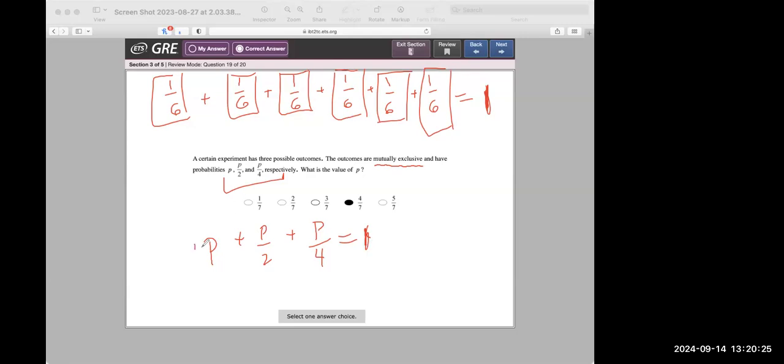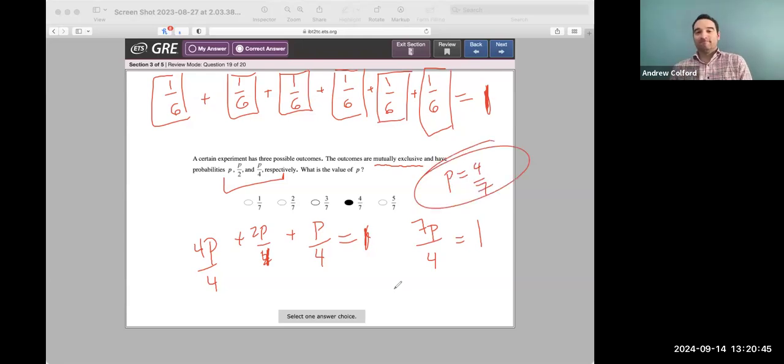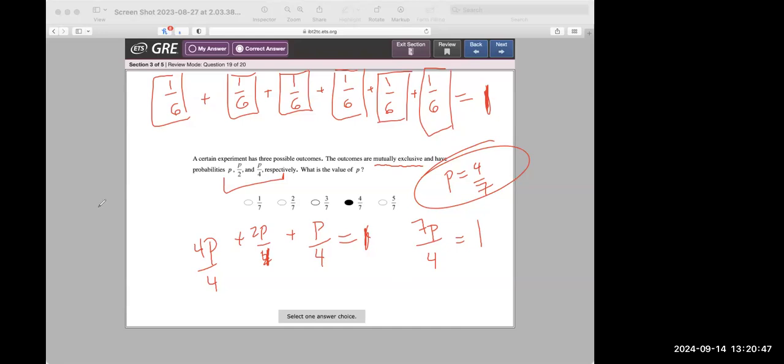So that's 4P over 4, plus 2P over 4. If I put this all in the common denominator and add these together, I get 7P over 4 equals 1. So P equals 4 over 7. Oh, okay. That's a good one.